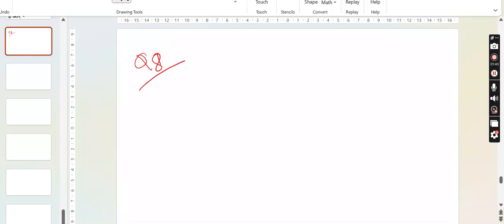Question 8. Which of the following is correct in case of pressure broadening?